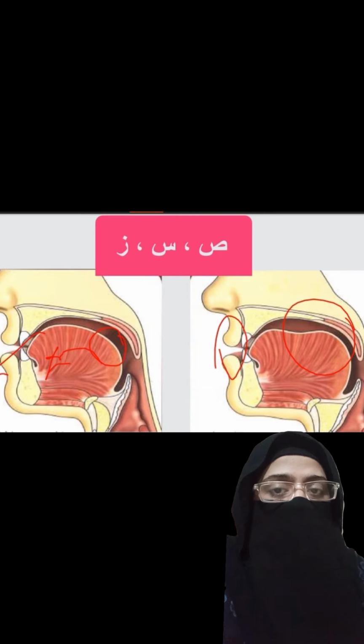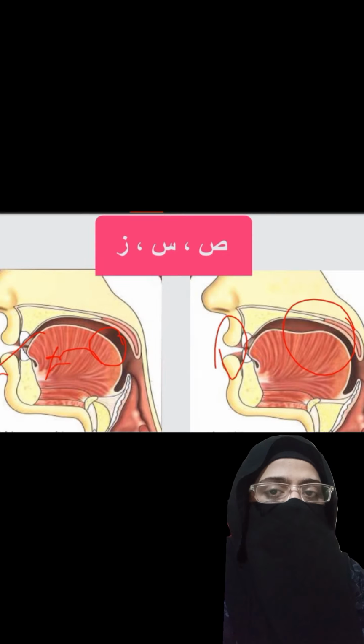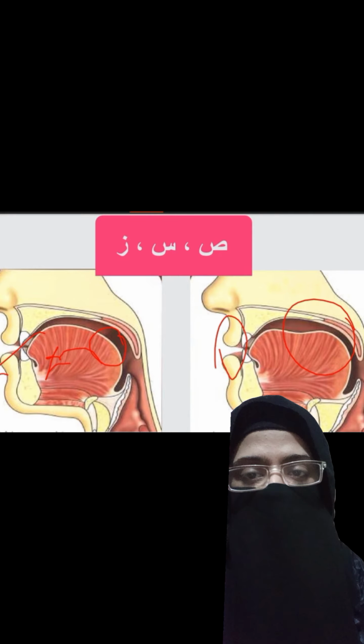The letter Seen is a light letter with the characteristic of hams, meaning a noticeable amount of airflow during pronunciation. Teachers, you should clearly feel the airflow while pronouncing Seen, and students also. The letter Za.